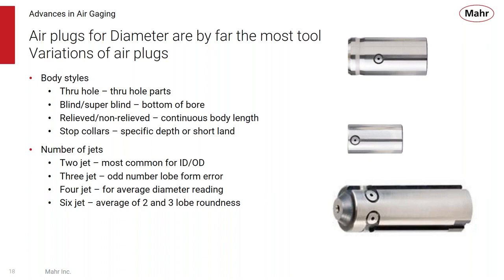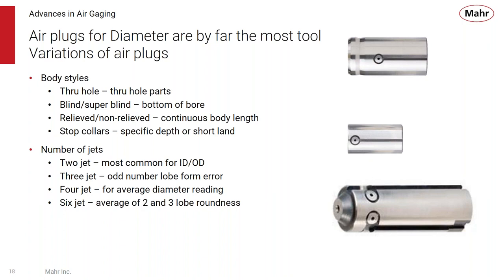Sometimes we need to use a 3-jet air plug. If we know that part has an odd lobing condition, a 3-jet air plug is the right way of measuring those lobes because you won't see them with a 2-jet application.